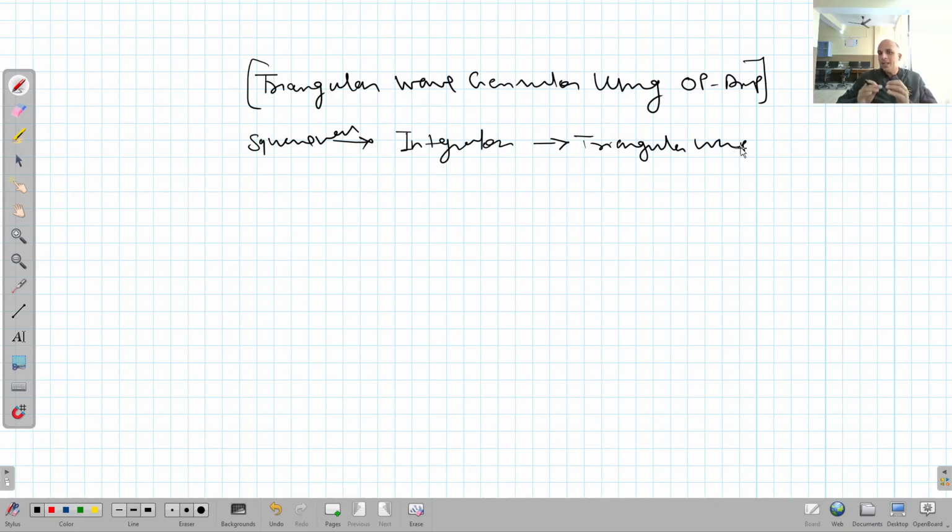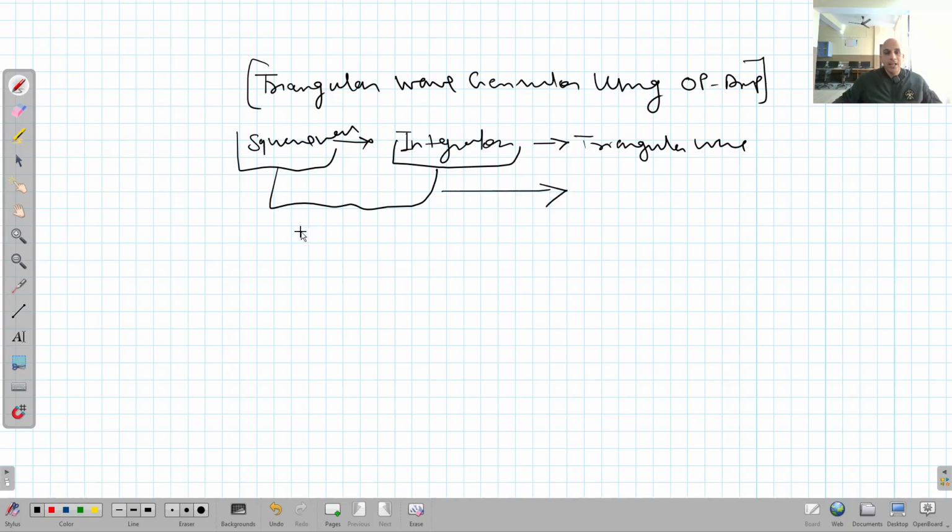So it means I can design a triangular wave generator circuit by simply making use of an integrator and a square wave generator. If I connect these two circuits, then I will get a triangular wave.